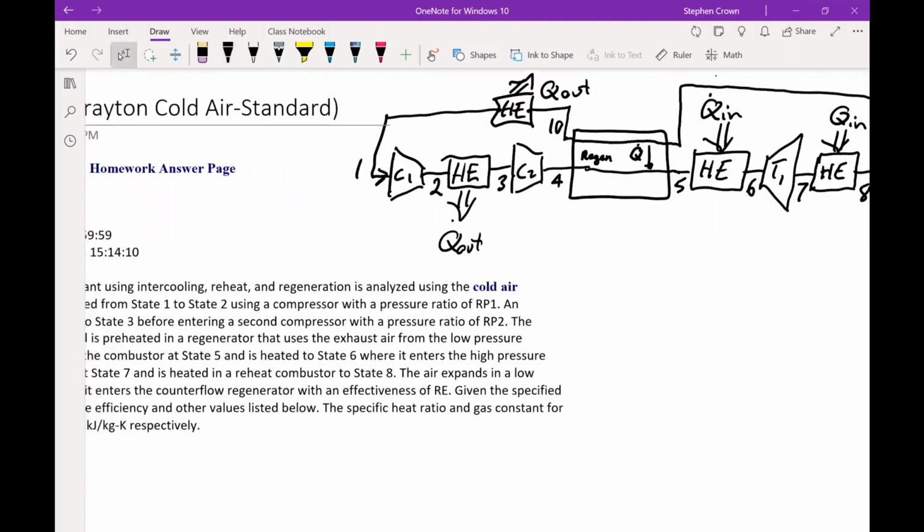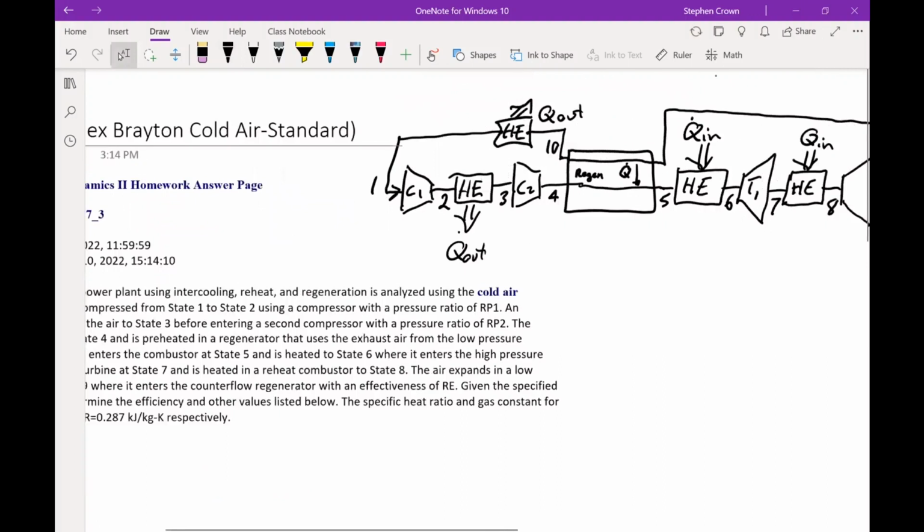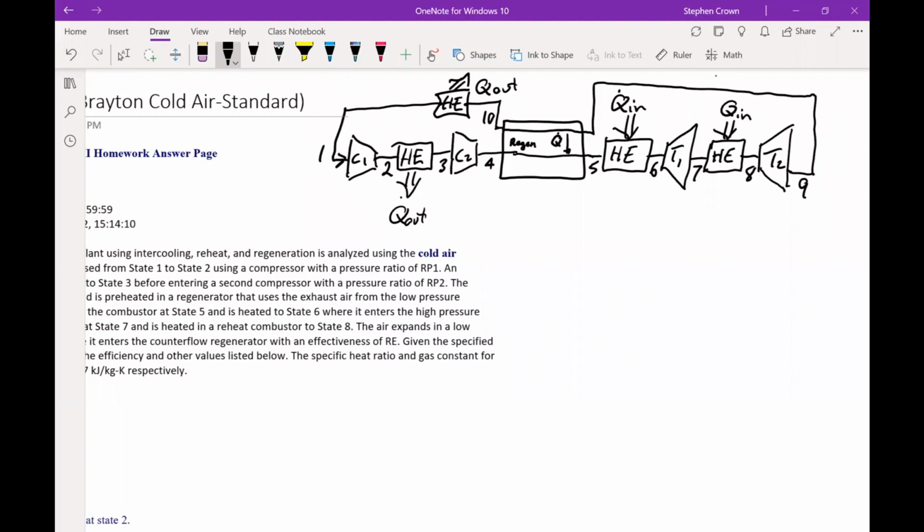Okay, turbine 2. So we're doing this cold air standard. So we're assuming whenever trying to find h, we can replace h just with cpT. So this is the cold air standard approach.